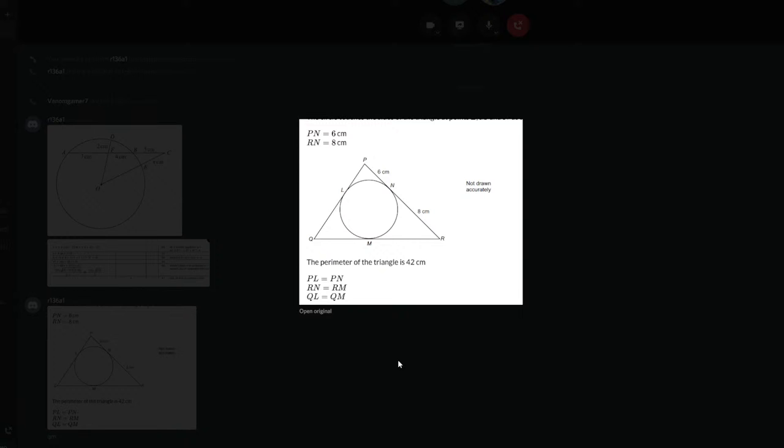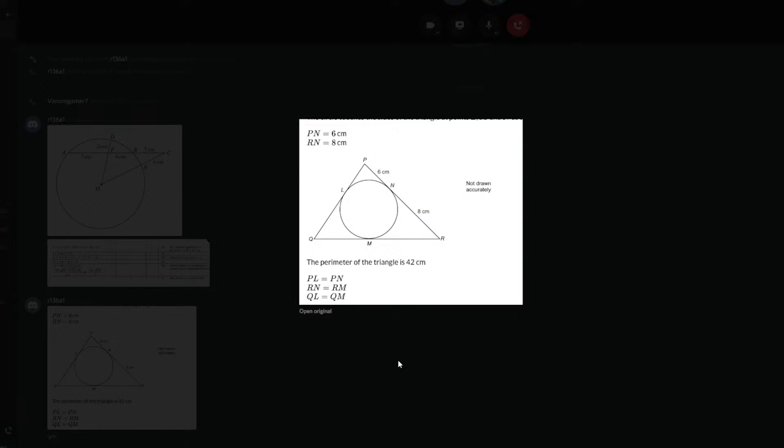Okay, so let me think. That whole length is 14. Oh, that's so easy. I did it. How? Just draw the Deathly Hallow symbol by connecting P to M. And then you know PR is 14 and MR is 8.